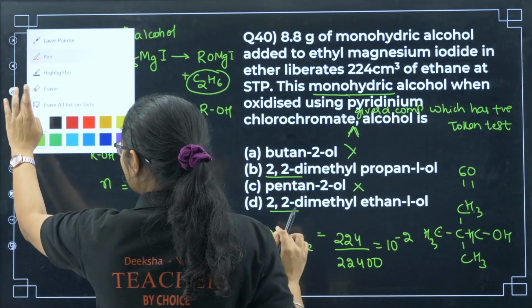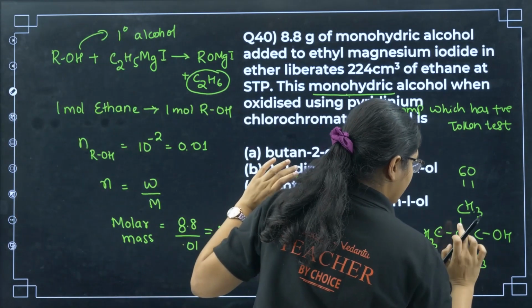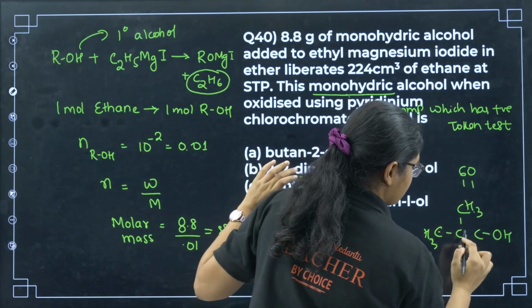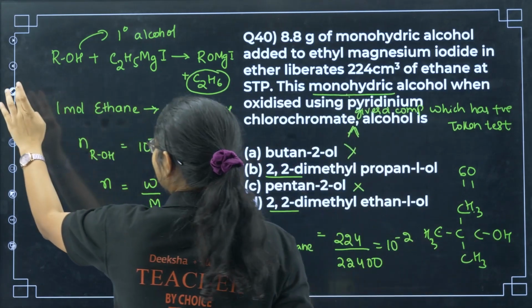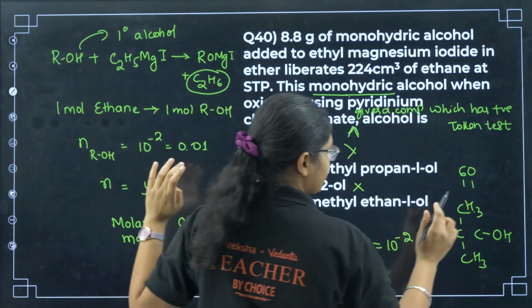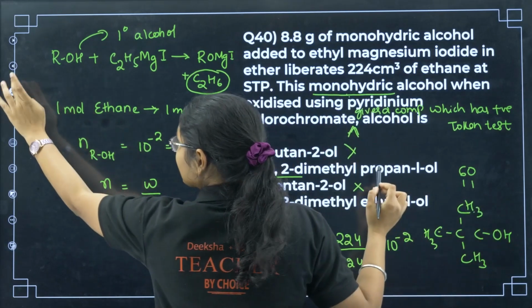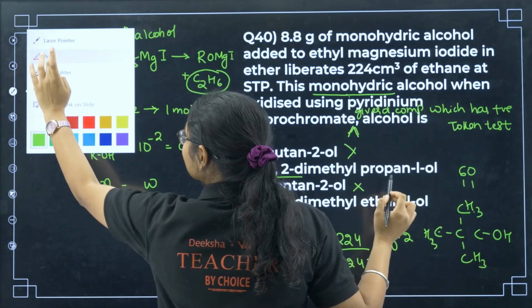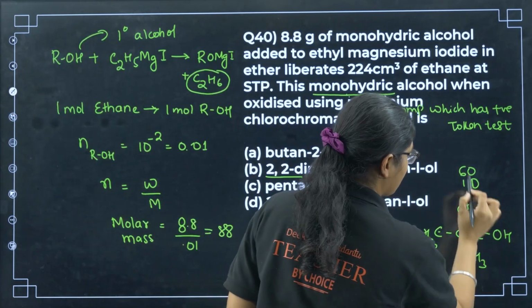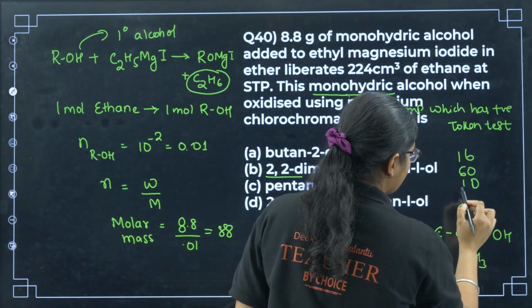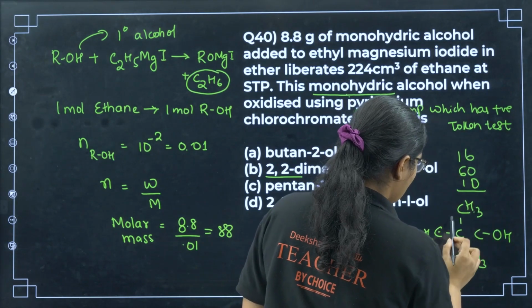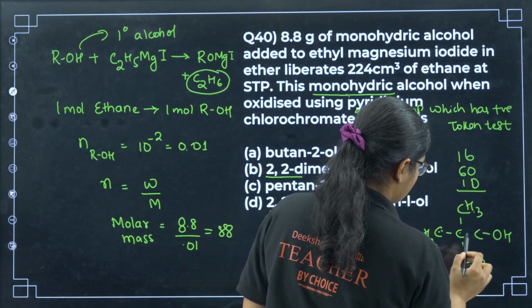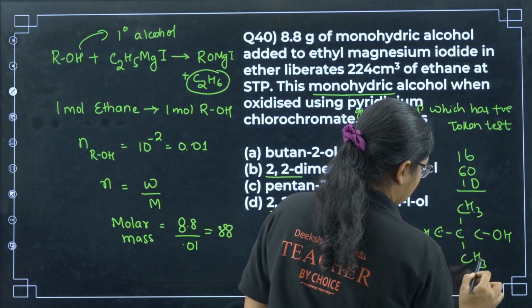This hydrogen is not there, right? So CH3, CH3, CH3 and then CH2OH. So I have total 10 hydrogens, and then I have one oxygen.